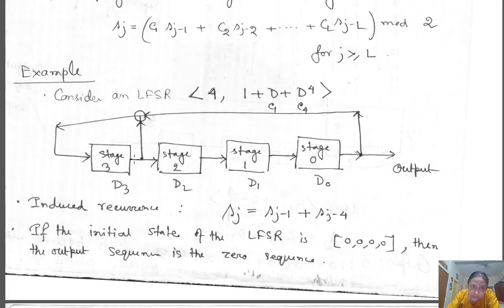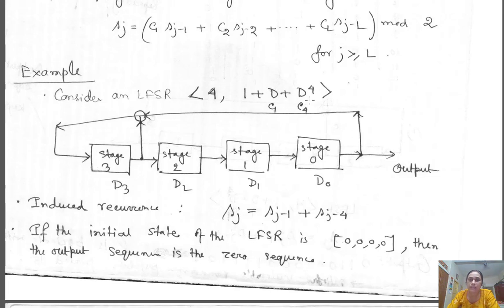It is ANDed with this stage. So C1 comes here, C2 comes here, C3 comes here, C4 comes here.